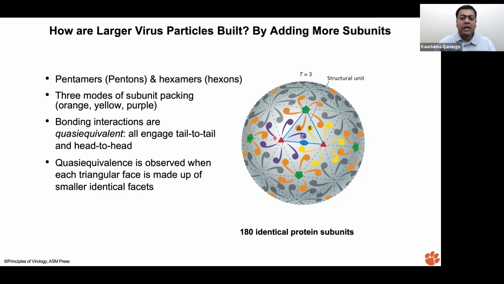Now you have a 6-fold symmetry, 1, 2, 3, 4, 5, 6. So that is the reason that to build this structure, you have to have the pentamers right here, as well as hexamers, or the hexons, of the same proteins. And this is how these structures are being built.